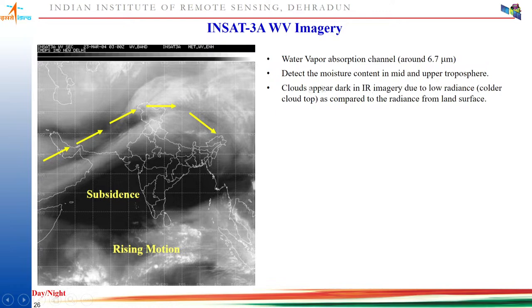Similarly, the cloud having more water vapor will have low temperature. So it means the emission will be low, so it will be dark. But for easy interpretation, we have inverted the image, similar to infrared imagery. So here also we have done similarly.